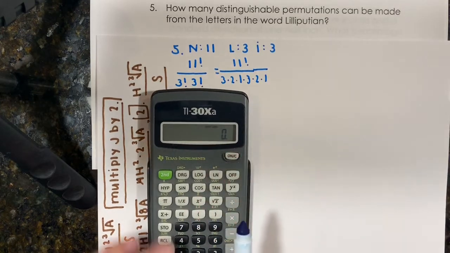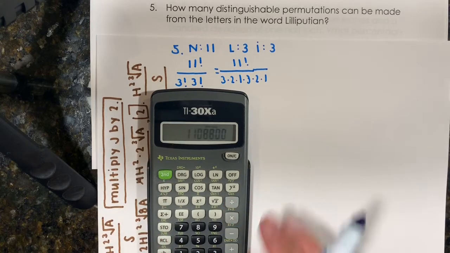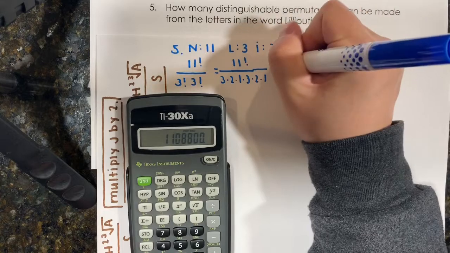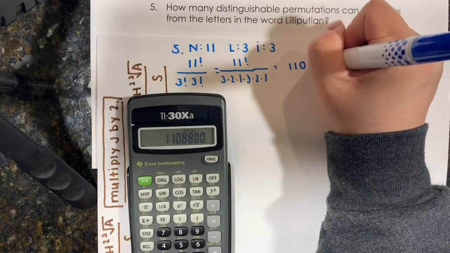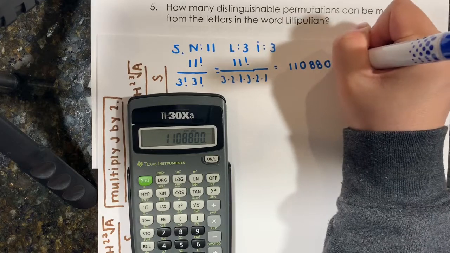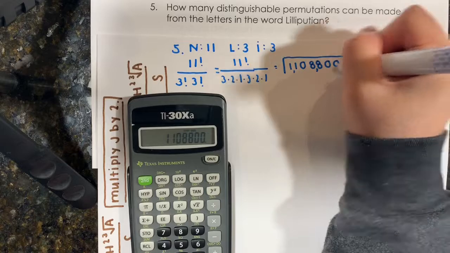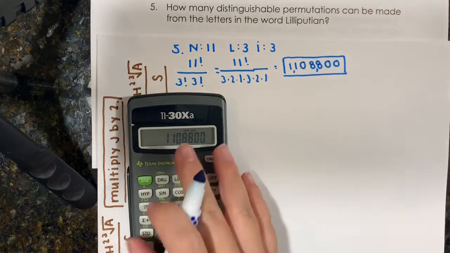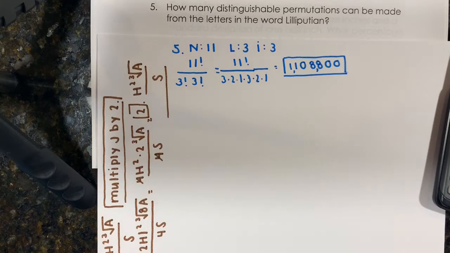So it's really just 11 factorial divided by 36. And your answer is going to be 1,108,800.